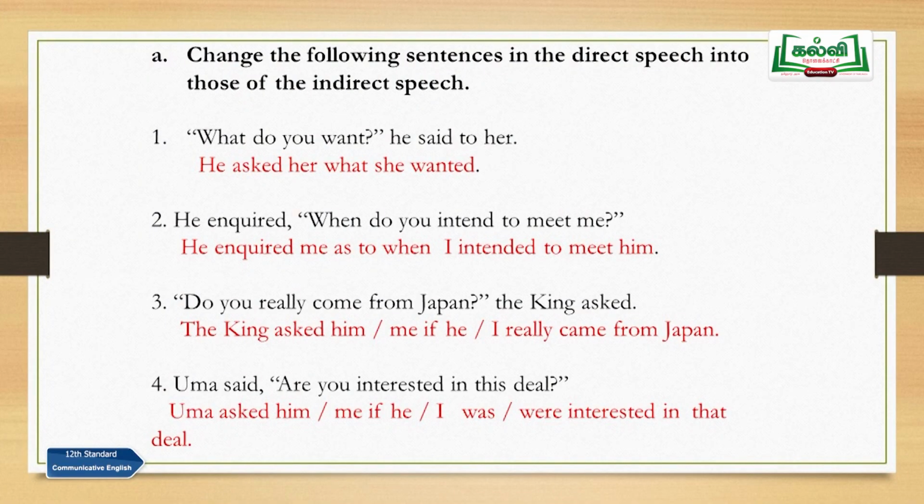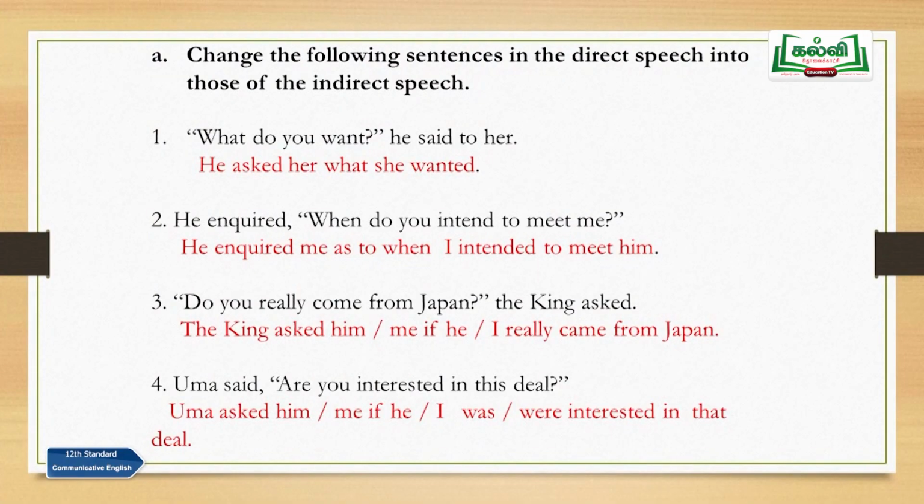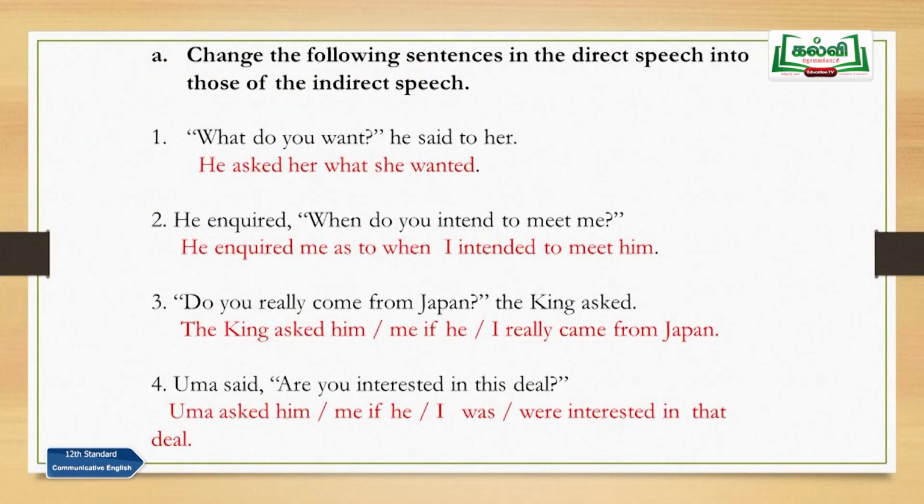"He inquired." So here the reporting verb is already provided to you. He inquired, "When do you intend to meet me?" So here there is another WH question. So in our answer we retain "when" as it is. I assume that he is speaking to me.